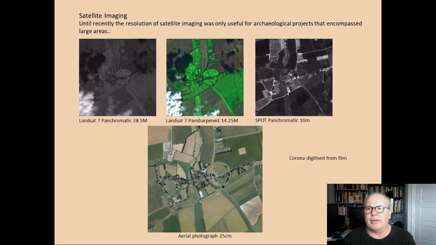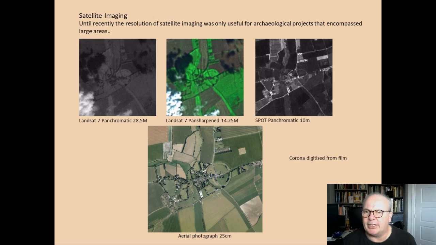So at top left we can see here we've got a Landsat 7 satellite image. This is available freely from the US Geological Survey, and that has a resolution of 28.5 meters per pixel, and it's panchromatic, i.e. it's black and white. You'll find that with a lot of these images, when they are panchromatic, the resolution is better than when they are full colour images.